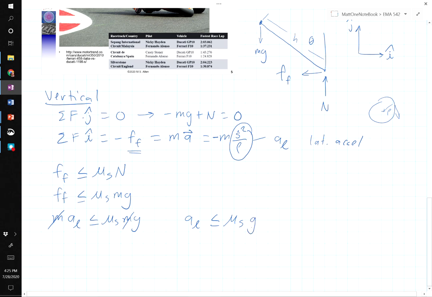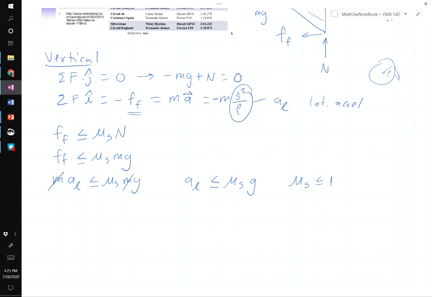So typically we think of mu static as being less than or equal to 1, but that's not strictly true. If you have a really sticky surface, it can actually take a force larger than N to get it to slip. And that actually ends up being true for cars.